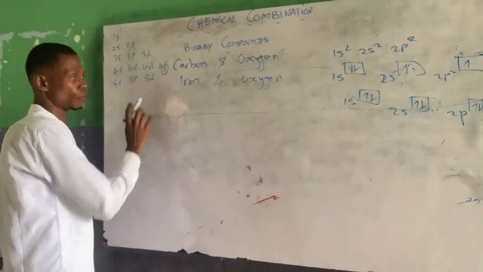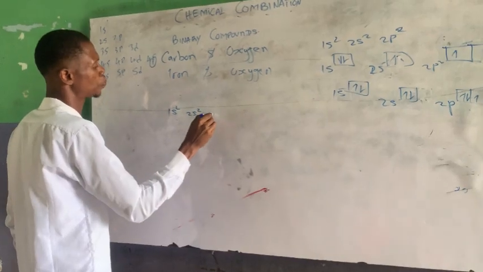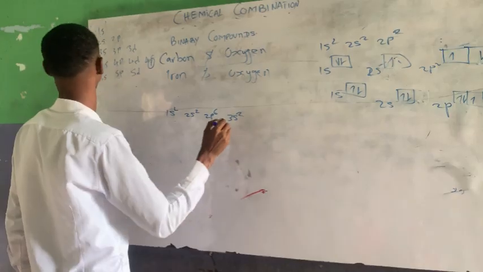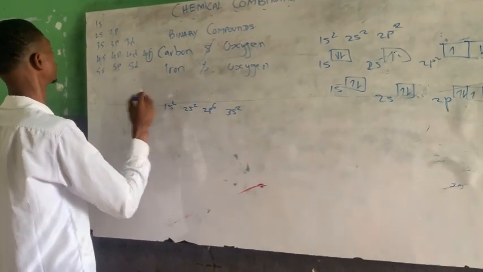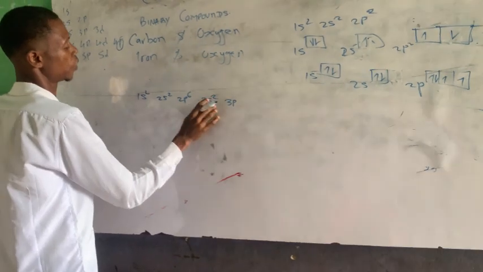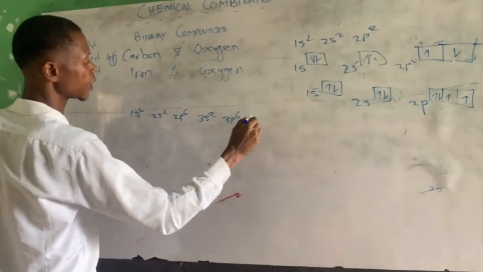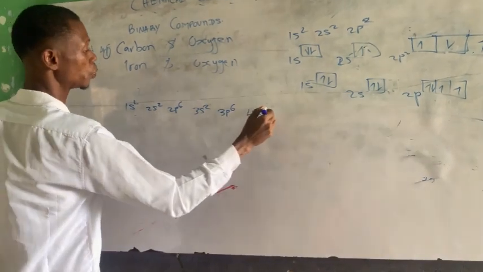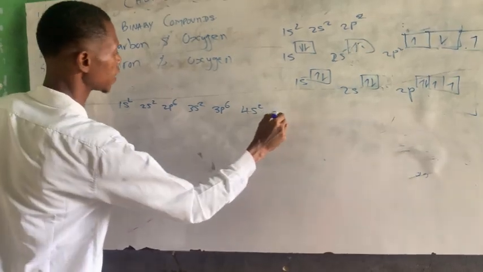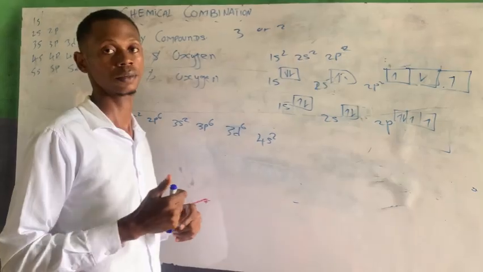If we check from here, we get 1s2, 2s2, 2p6, this is 10, 3s2, 3p, we get 4s2, is it complete? This is 10, this is 10, the next 6, so we get 3d6.